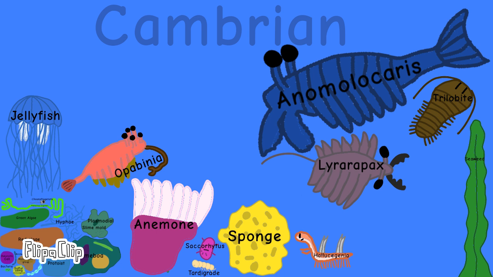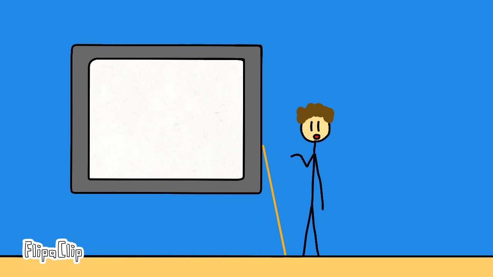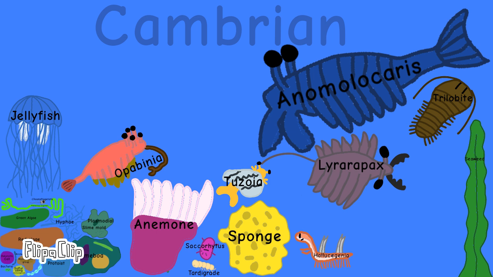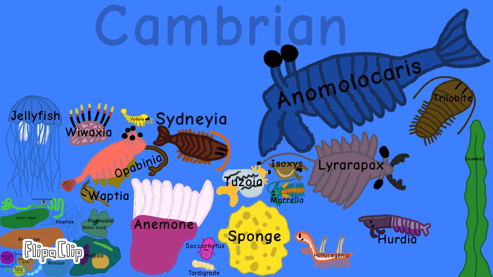I said were. And Tazoia, a crab-like arthropod with one of the weirdest shells I've ever seen. I mean, it looks like it wouldn't even fit on a regular crab, or whatever that thing looks like, without its shell. And there's many more weird creatures from the Cambrian.